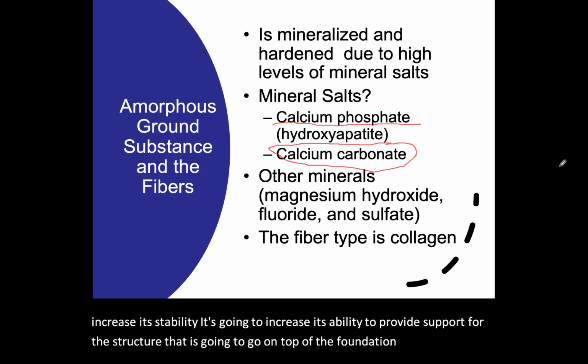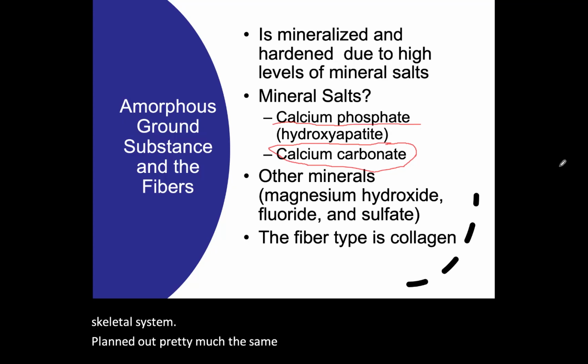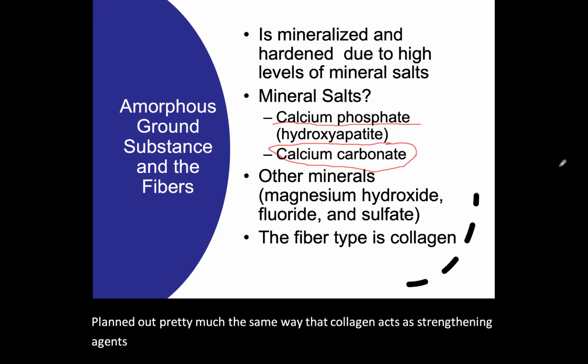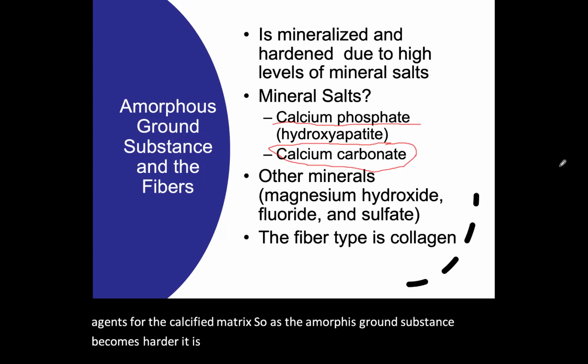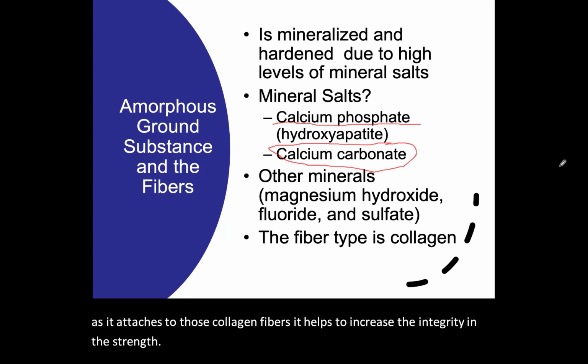Our skeletal system is planned out pretty much the same way. That collagen acts as a strengthening agent for the calcified matrix. So as the amorphous ground substance becomes harder, it is attaching to those collagen fibers. And as it attaches to those collagen fibers, it helps to increase the integrity and the strength of the bone.